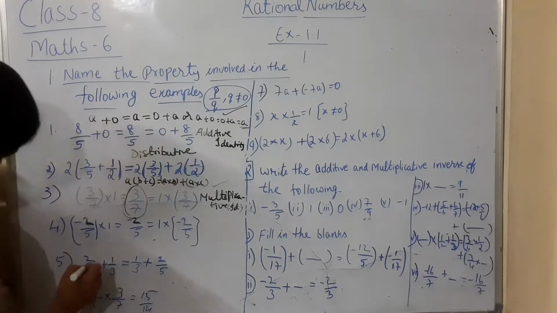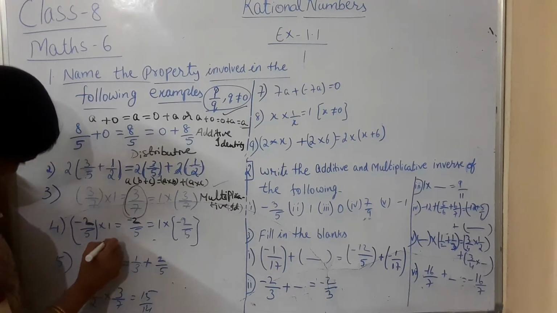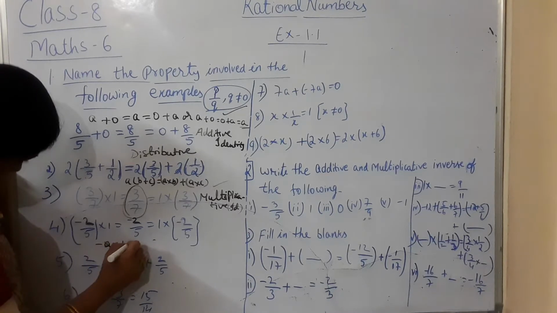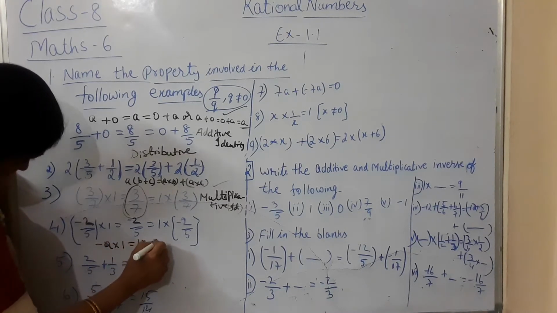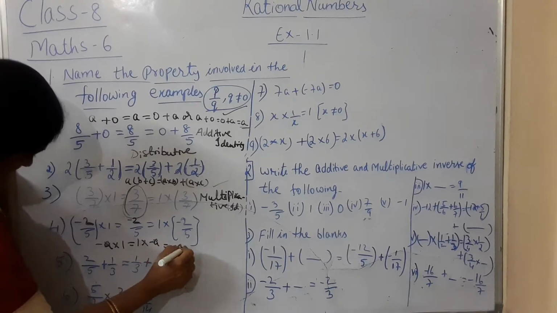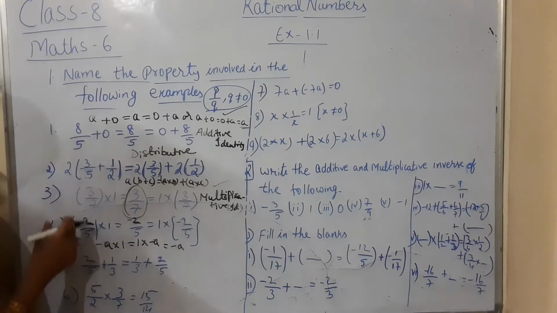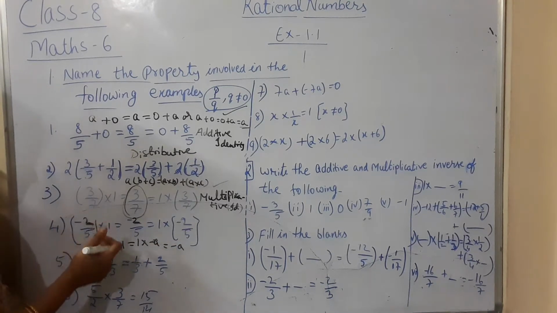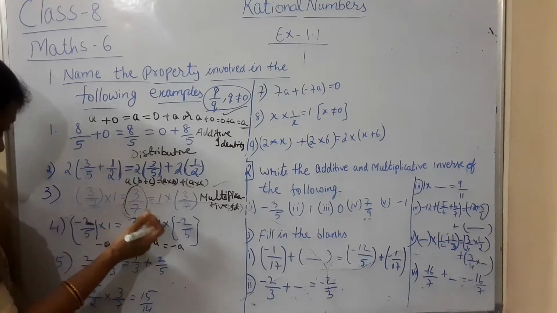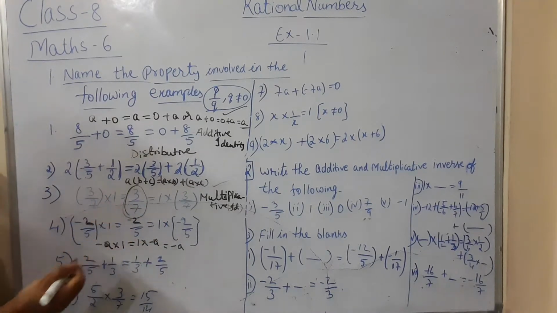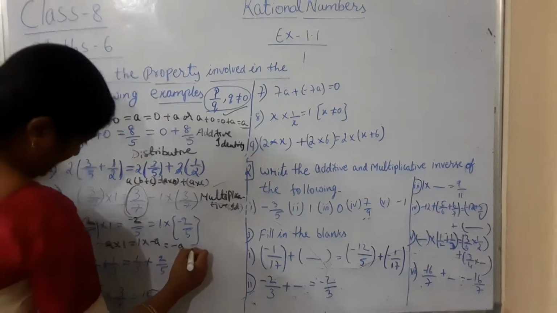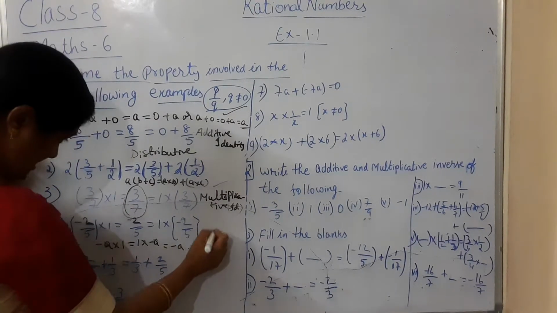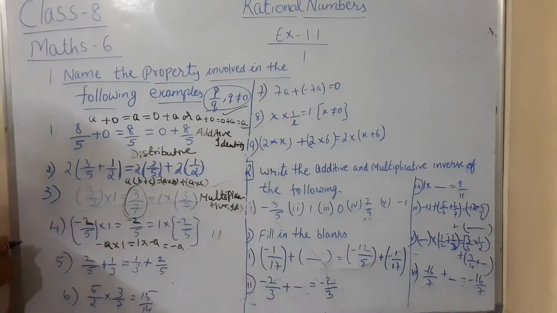In general, how do you write this? a into 1 is equal to 1 into a is equal to a. So if you are multiplying some number with 1 and you are getting back the same number, this comes under multiplicative identity. This is the same as the third one.